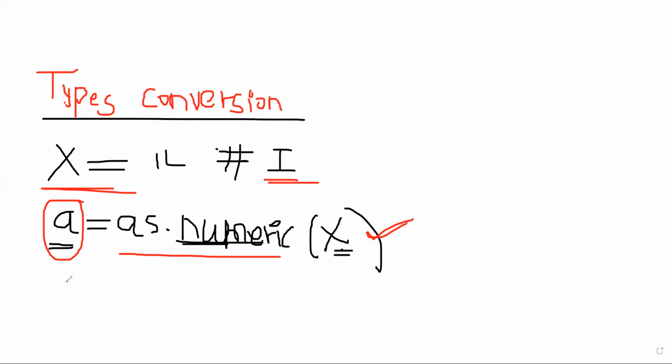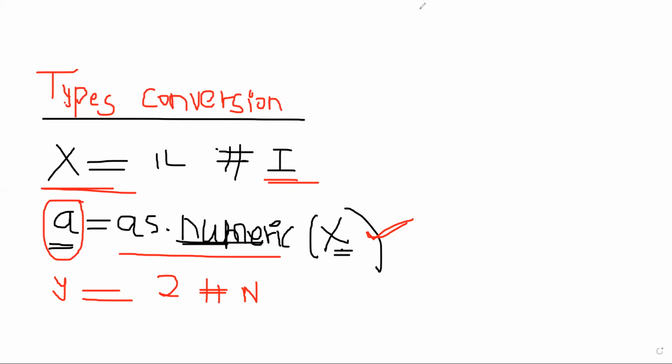In a similar way we can do it for other types. I'll take another example. Suppose we have y, and suppose our y value is 2. So 2 is basically a numeric value. Now I want to change this y into an integer data type.